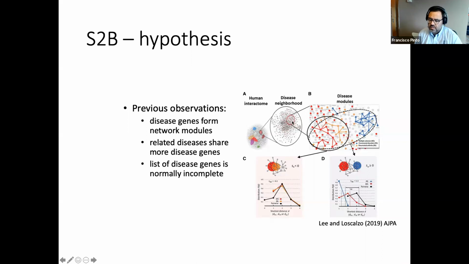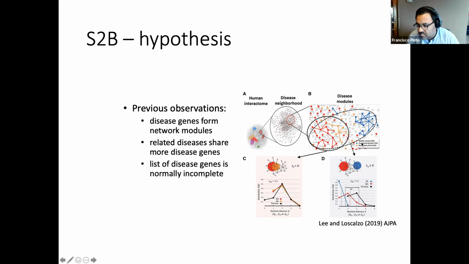And it has already been observed that different diseases may have an overlap between their disease modules, especially if the diseases are somehow related. For example, in this example, we have multiple sclerosis, peroxisomal disorders, and rheumatoid arthritis.